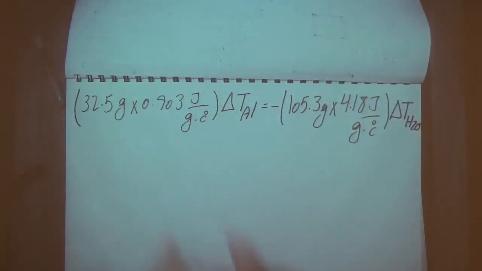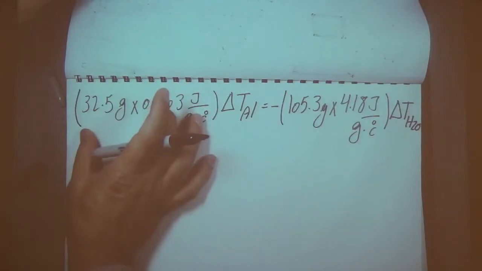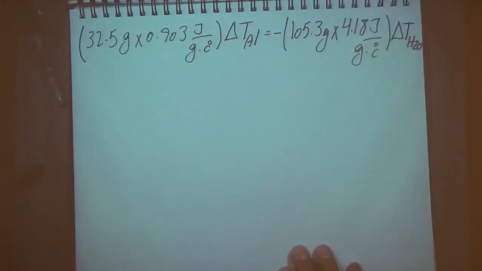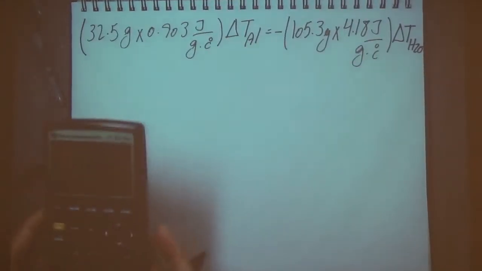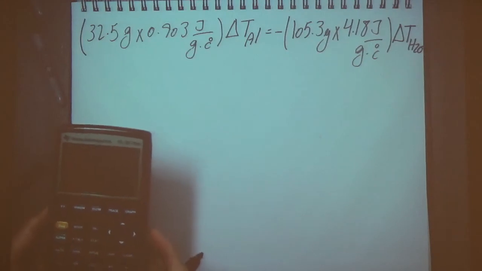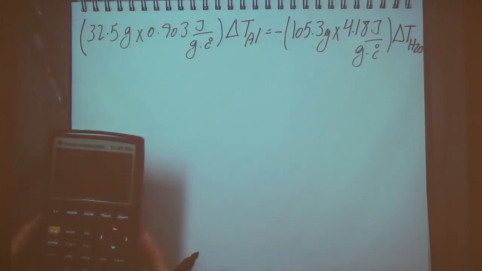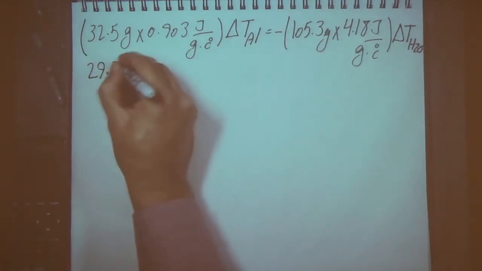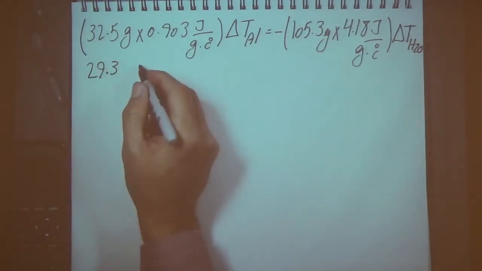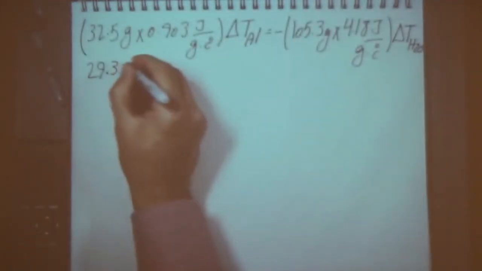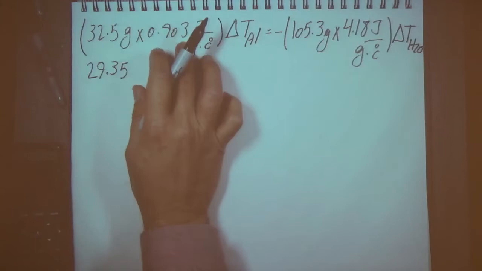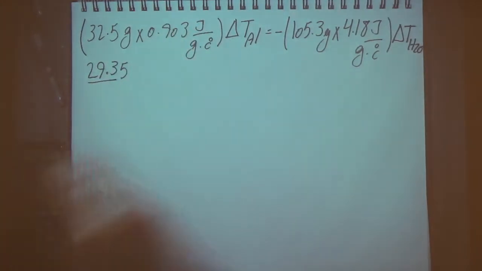Okay, so I will try to simplify each side to make it easier. The left side, let's have it equal to 32.5 multiply 0.903. This one is 29.3 or 29.35. I know I have only 3 sig figs, so we can go with 3 sig figs here.